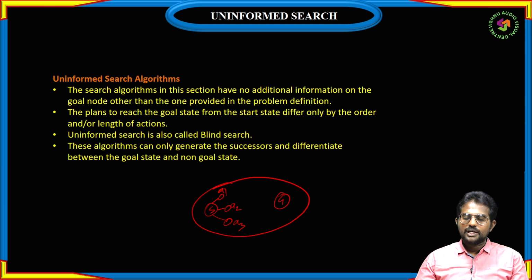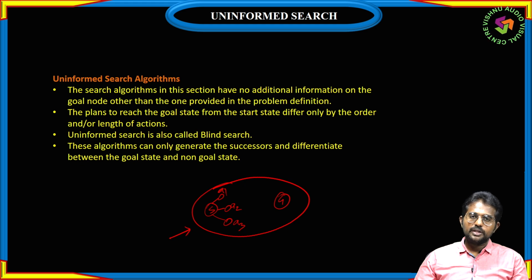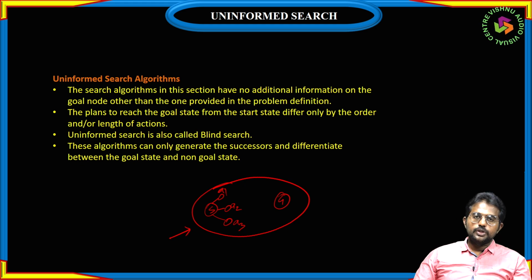Like that, in uninformed search we don't have any additional information other than the goal node, and we will be given some problem definition. Based on the problem definition, we have to search for the goal node in the problem statement. So uninformed search is also called blind search.